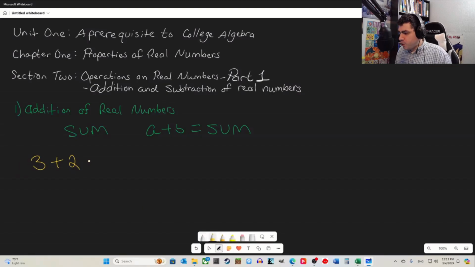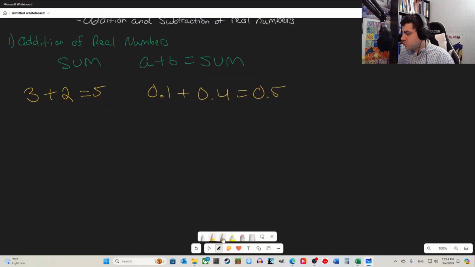So if we have 3 plus 2, we will go on to say that the sum of 3 plus 2 is 5. Super easy. Doesn't matter how small or how large the number is. Say we have 0.1 plus 0.4. If you have 0.1 plus 0.4, our sum would be 0.5. Super easy. Let's throw a rational number in there. Say we have 1 over 4 plus 2 over 4.